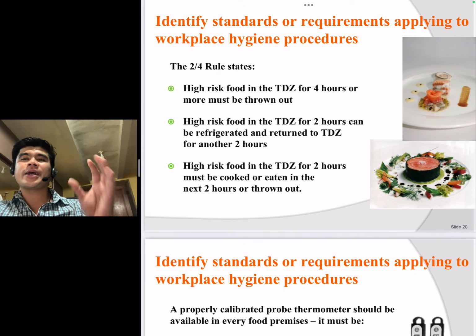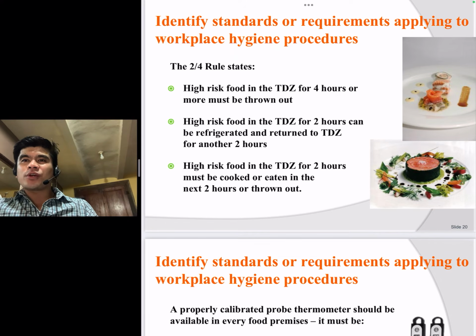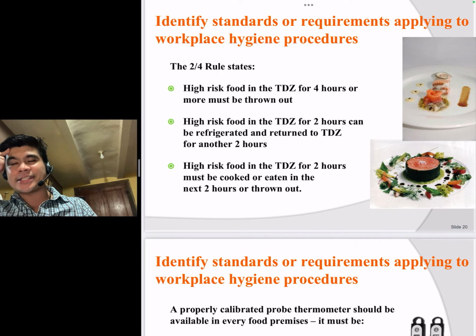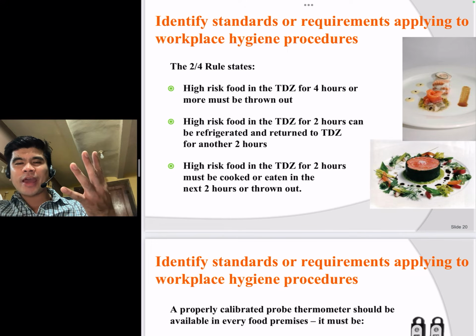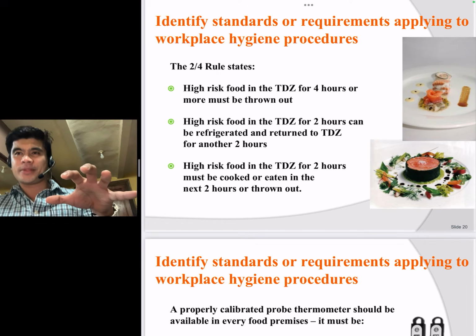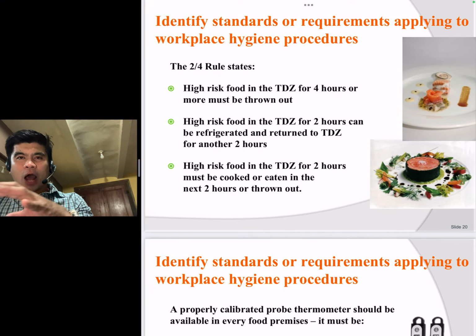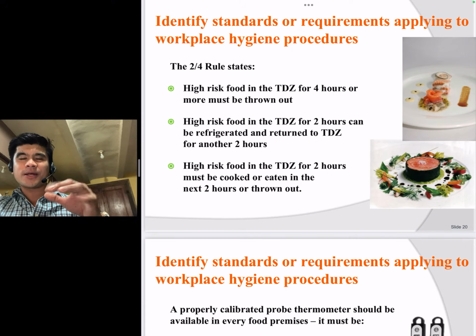Okay, now first bullet, high risk food in the temperature danger zone for 4 hours. Whenever the food is out on the food line or the buffet line for 4 hours, that needs to be thrown out.